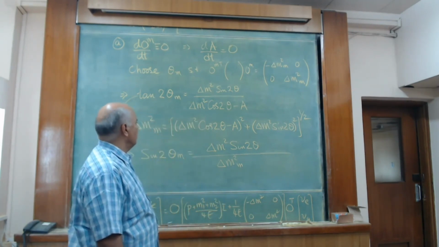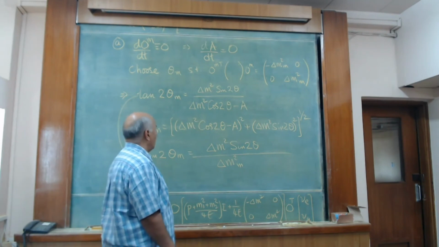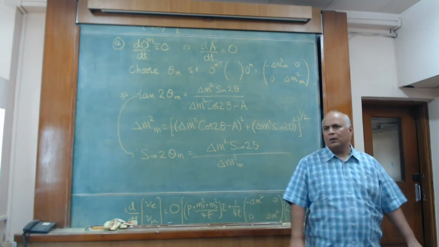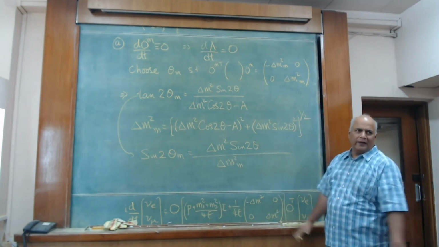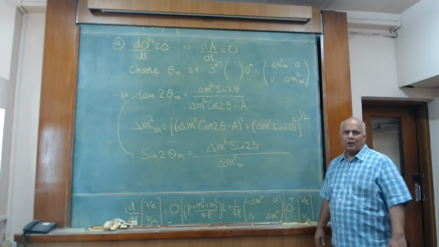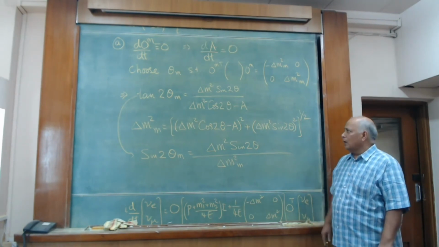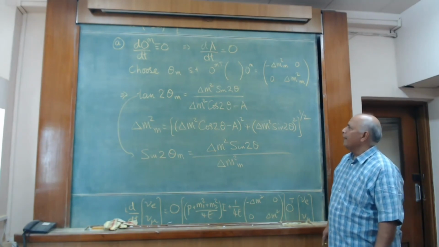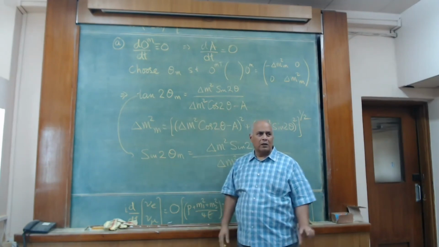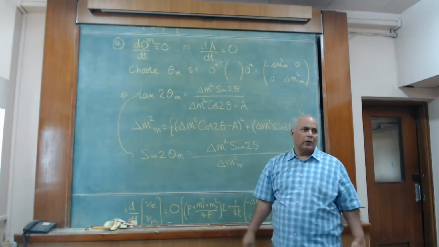And notice something interesting. By the way, up to here I think Wolfenstein did and sort of left it, so to speak. But 5 years later, Mikheyev and Smirnov said, imagine a situation where the value of Δm² and the value of theta are fine-tuned such that they are equal to A.